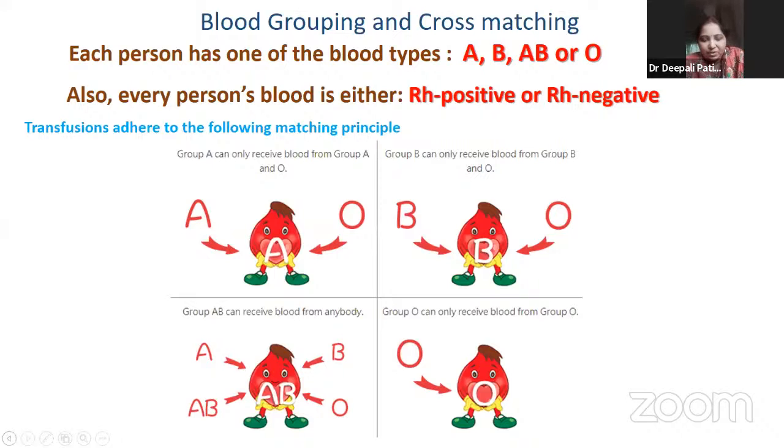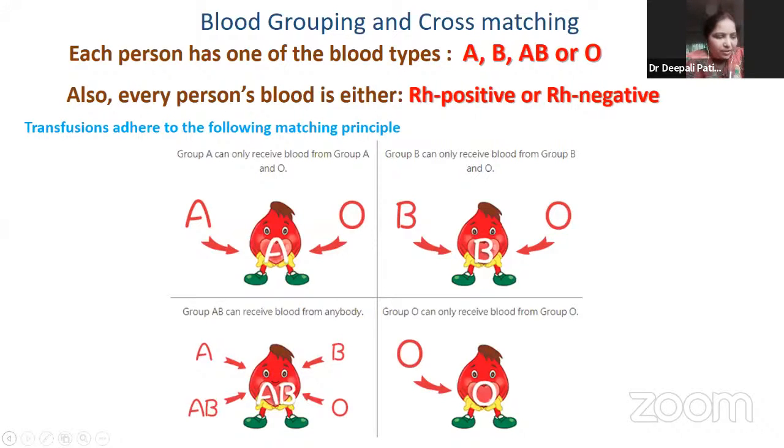Rh means rhesus factor, and it is nothing but an inherited antigenic substance which is present over the red cell membrane. If a person is said to be Rh positive, it means that he has antigenic substance over the surface of his RBCs.